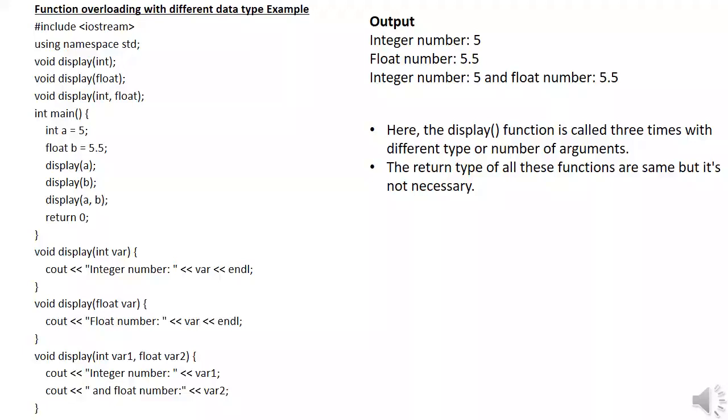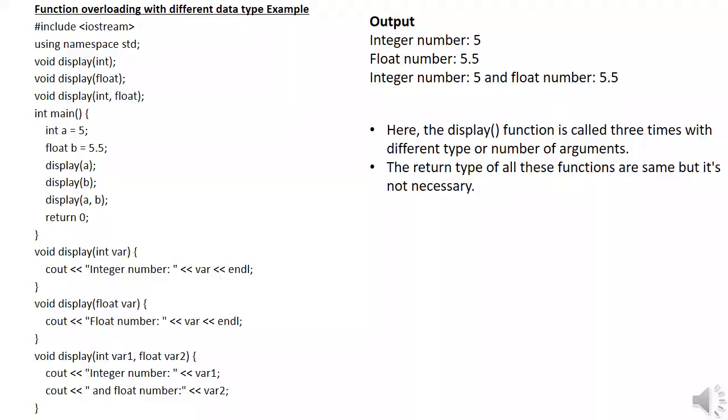This example will give you a clear idea about how function overloading works in C++. In this example, you can see that I have declared three functions with the same name, that is, the function name is display. All three have the same return type void, but the parameter lists are different.